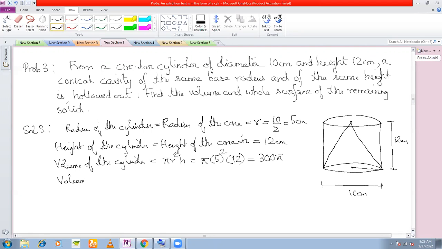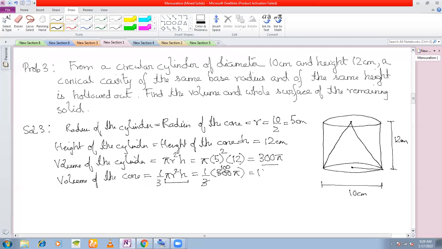Volume of the cone. What is the volume of the cone here? It is 1/3 pi r square h, right? Now 1/3 pi r square h, and we already know this part, you don't need to again put the values. This part is 300 pi, so this cancels here.